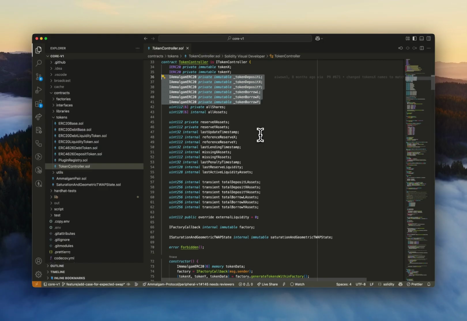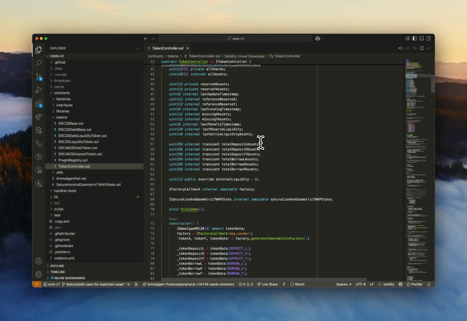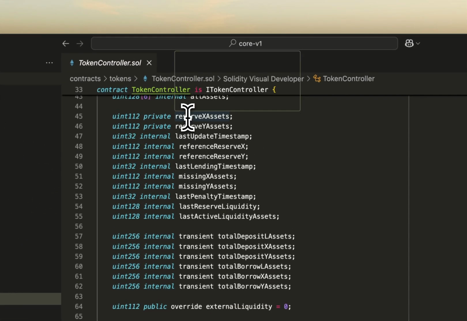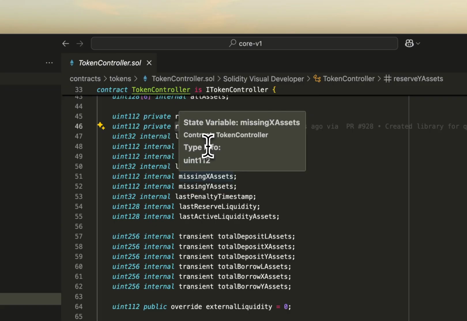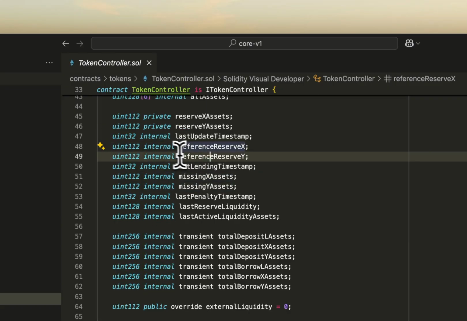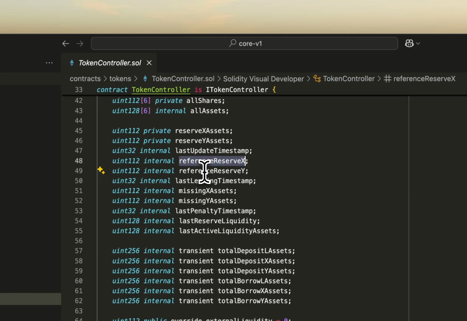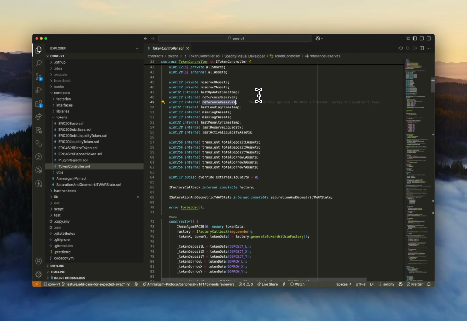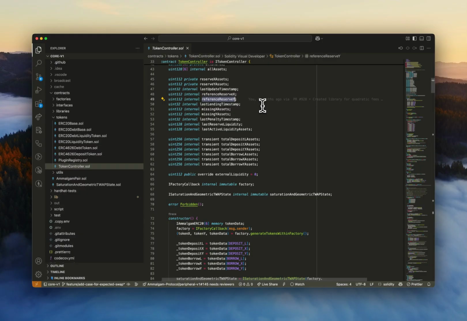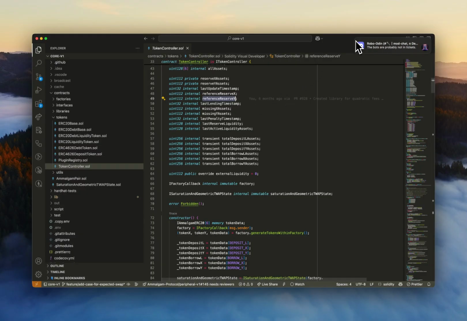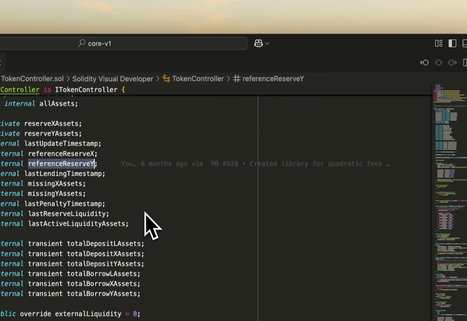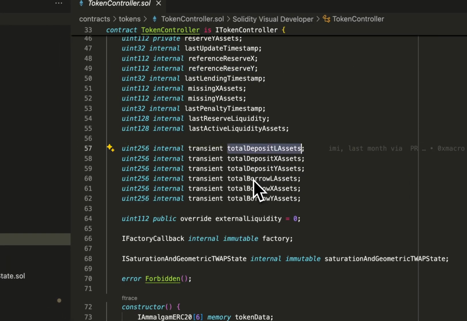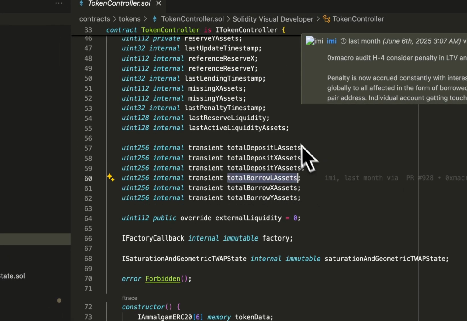We also have a lot of the balances, so how much is for reserves, and then some timestamp stuff, reference reserves, which has to do with our swap mechanism, our fee mechanism for swaps, which is very unique. I can get into that a bit later. And the total deposits and total borrow assets.